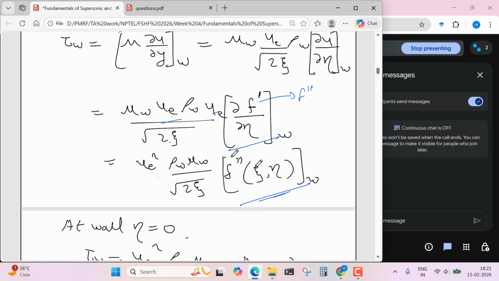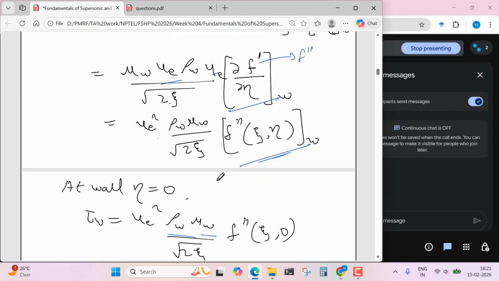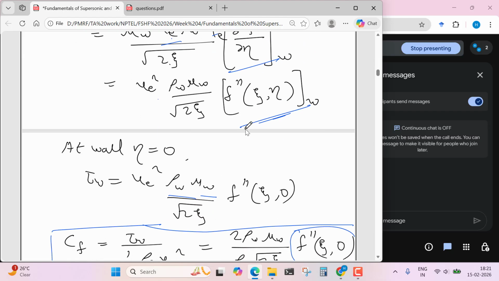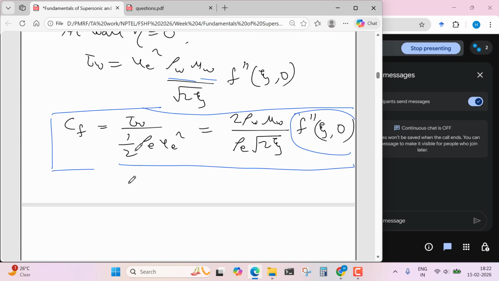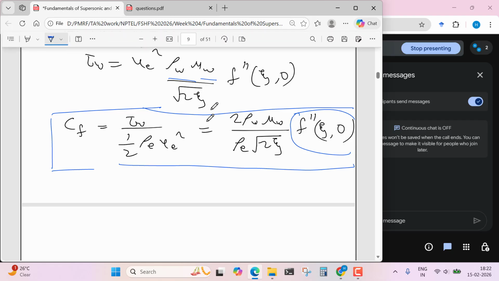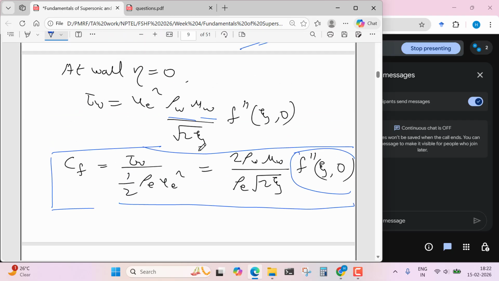Now at the wall eta is 0, so we can substitute this eta here, and we get tau w equal to ue squared rho w mu w upon root 2 xi, f double dash xi, 0. And the local skin friction coefficient is given by tau w upon half rho e ue squared.